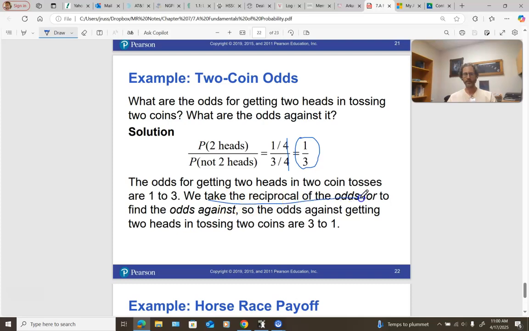We take the reciprocal of the odds for and find the odds against. So when you flip it, you get the odds against, and that would be 3 to 1. So the odds against getting 2 heads when you flip 2 coins are 3 to 1. And this just means that you're more likely to not get 2 heads than you are to get 2 heads when you flip 2 coins.